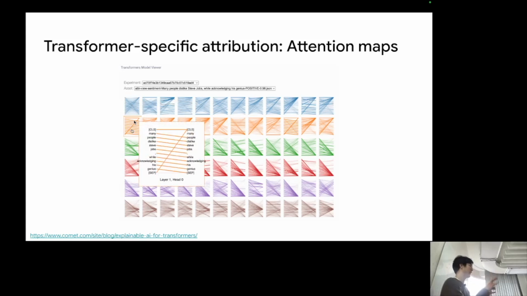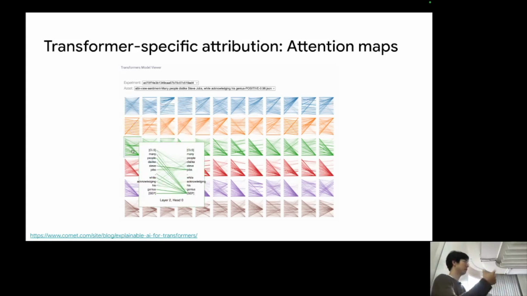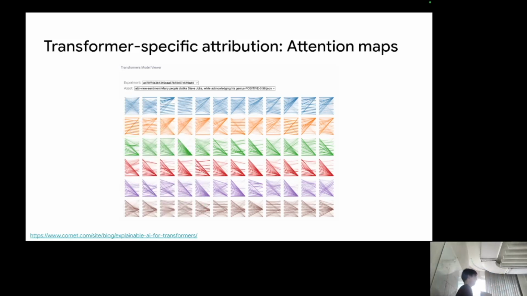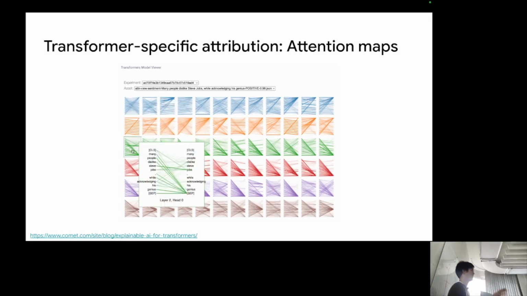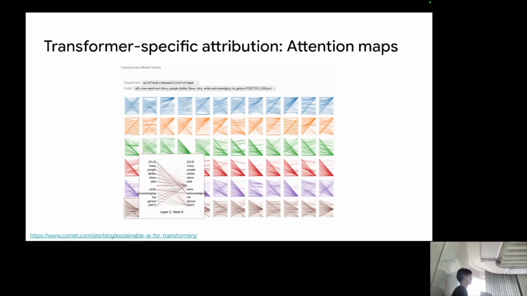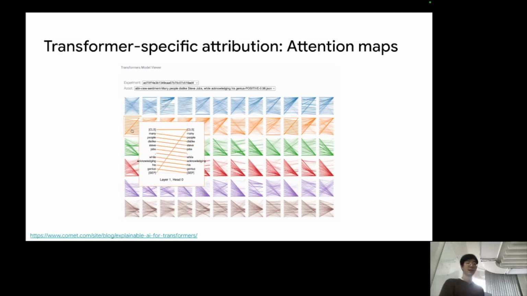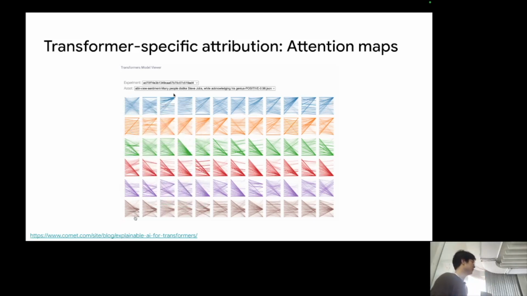Because they're all n by n matrices, by multiplying them all the way back, you're intuitively tracing back the most important pairwise relations all the way back to the inputs.